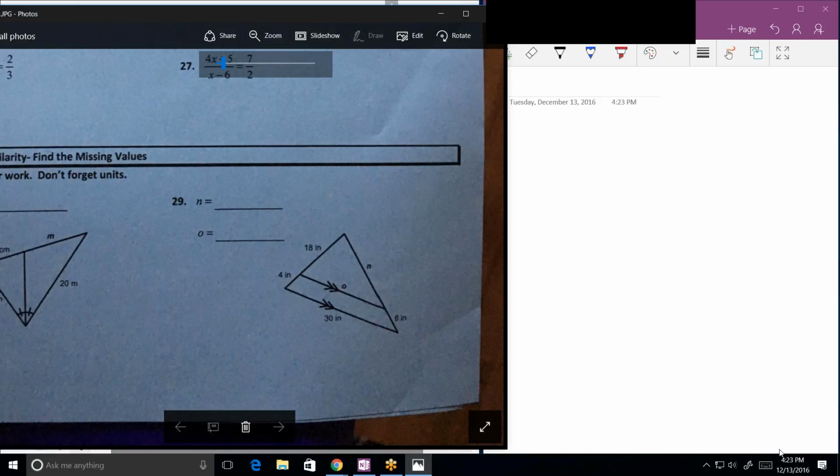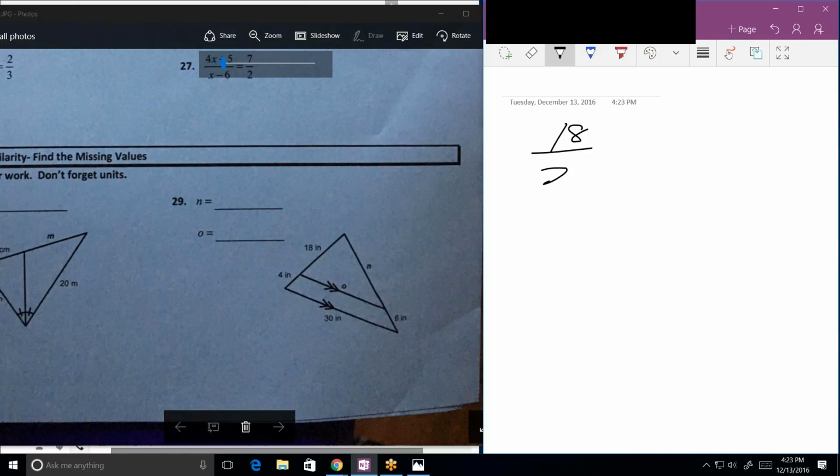Okay, so it'd be 18 over 22 equals O over 30. Okay, that solves for O. That's correct. And then again, I don't have to cross multiply. I just multiply both sides by 30 and simplify.